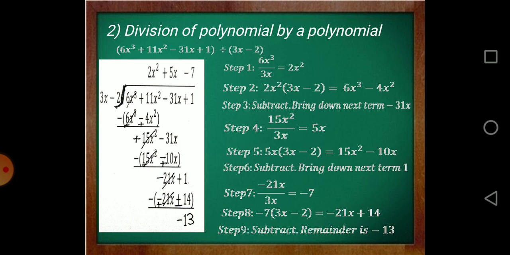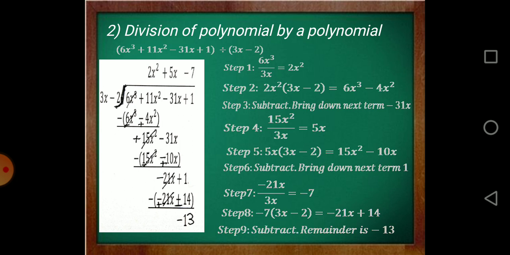Now let us do the subtraction. Plus 6x cube minus 6x cube gets cancelled. And 11x square plus 4x square will give 15x square. Now we will bring down one term, minus 31x. Now the dividend becomes 15x square minus 31x. Again the same process.